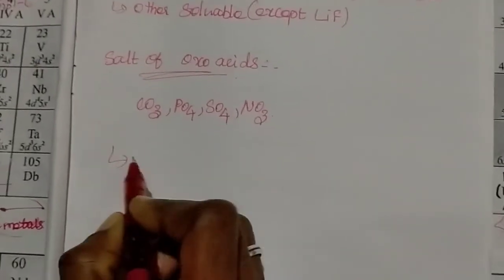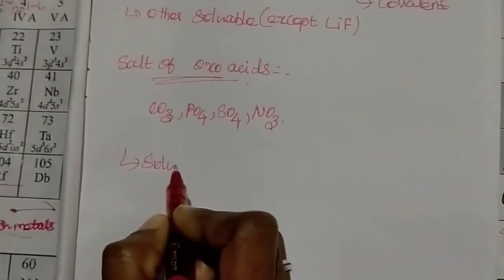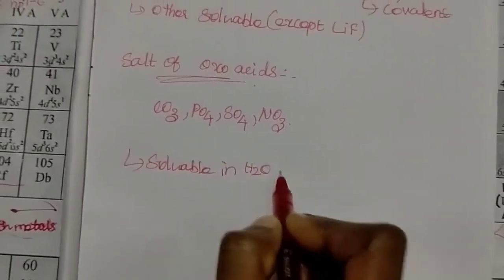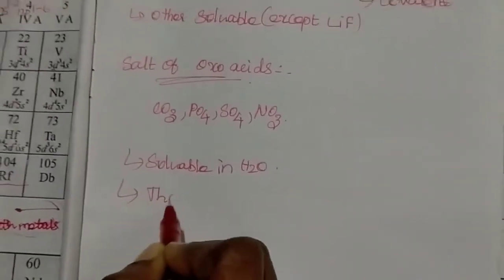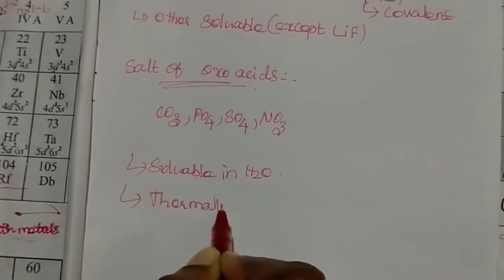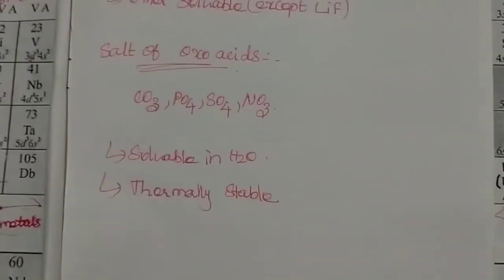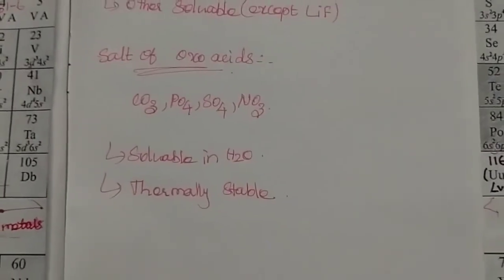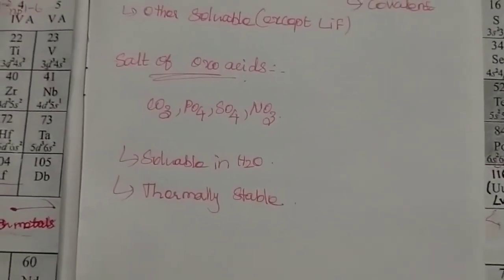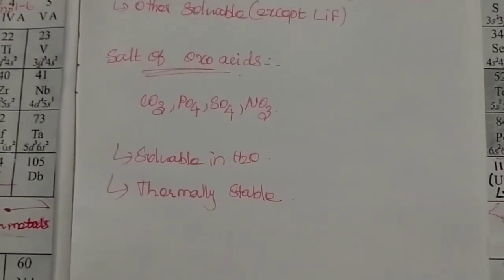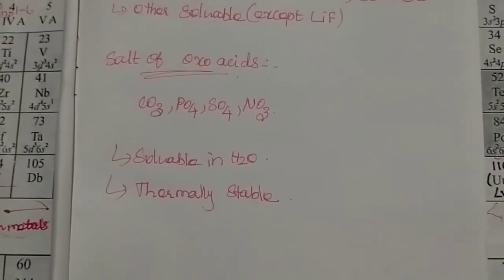They are soluble in water and thermally stable. Thermally stable means the alkali oxo acid salts are stable even under the heating process.